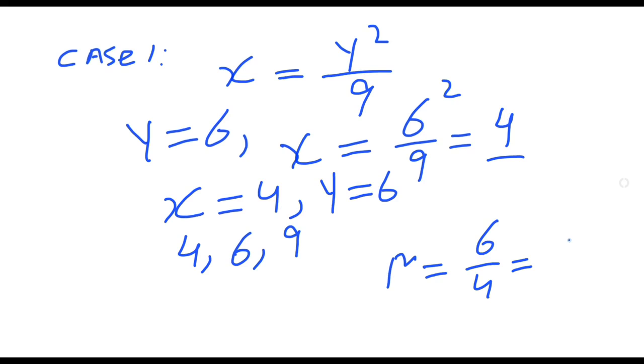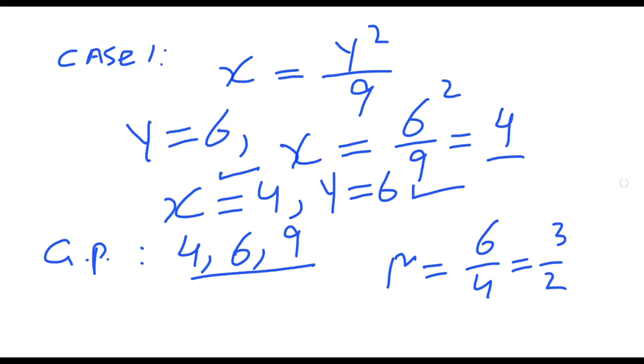The answer will be 3/2. So this is my GP when x is equal to 4 and y is equal to 6.